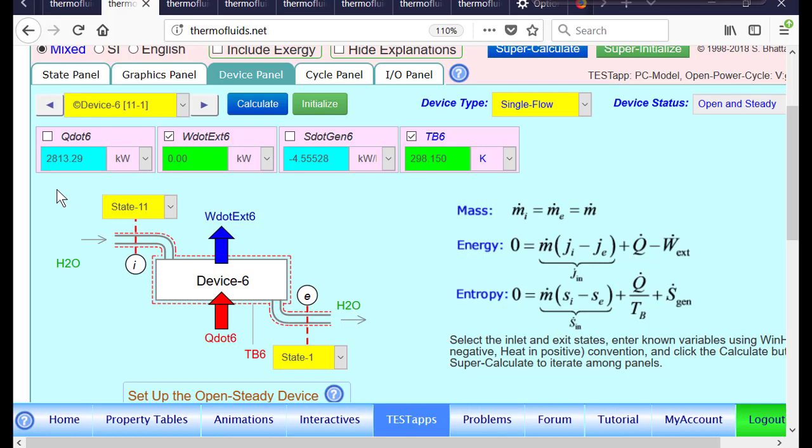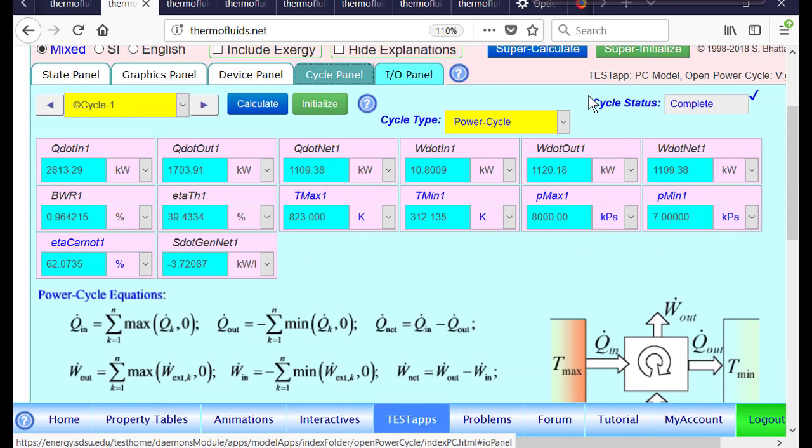As long as your devices make a loop, in other words, they have exactly the same inlets and exits, each number should appear as both an inlet and an exit. So state 5, if it's an inlet to a device, must be an exit of another device. It uses this counting technique to make sure the cycle is complete. Otherwise, you will not see any output here.